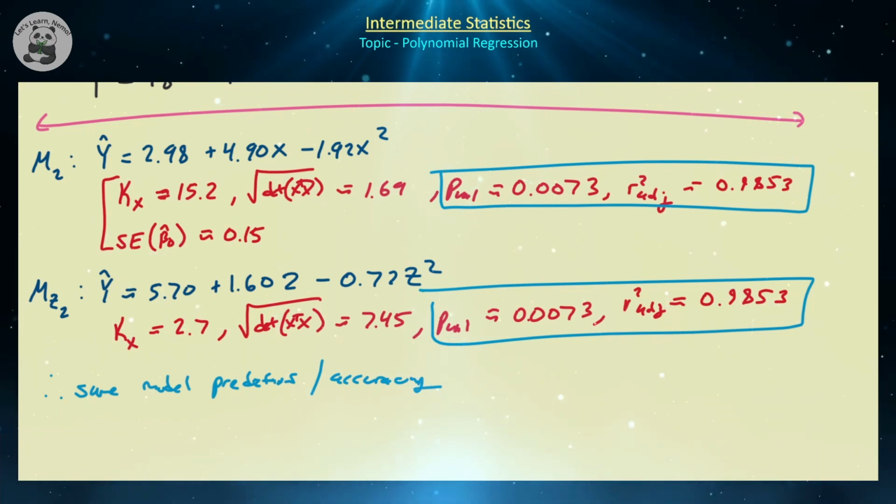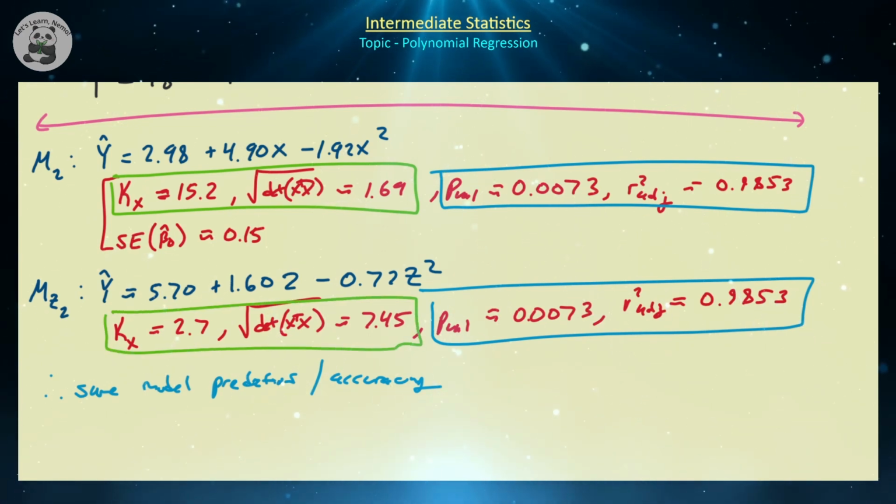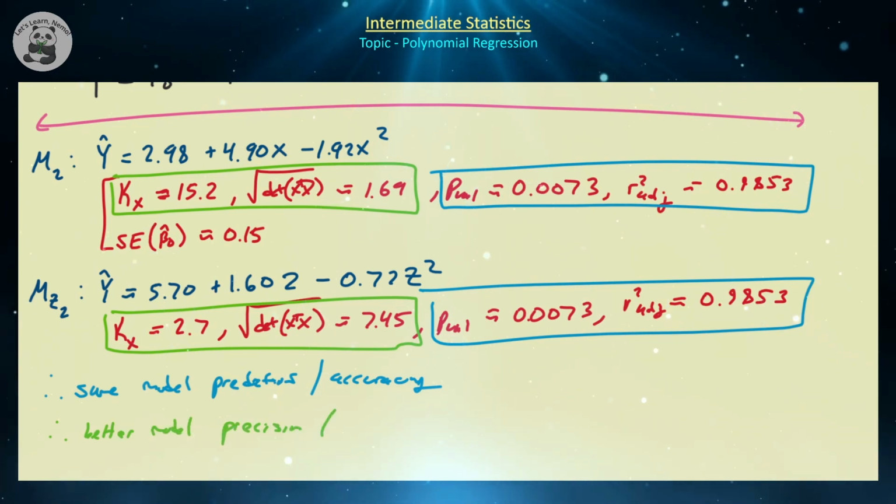But if you look at the condition number and the determinant, which used to be large and small respectively, now we have small and large respectively. So the determinant has gotten farther from 0, and our condition number got closer to 1. That means that the model has better precision and stability.